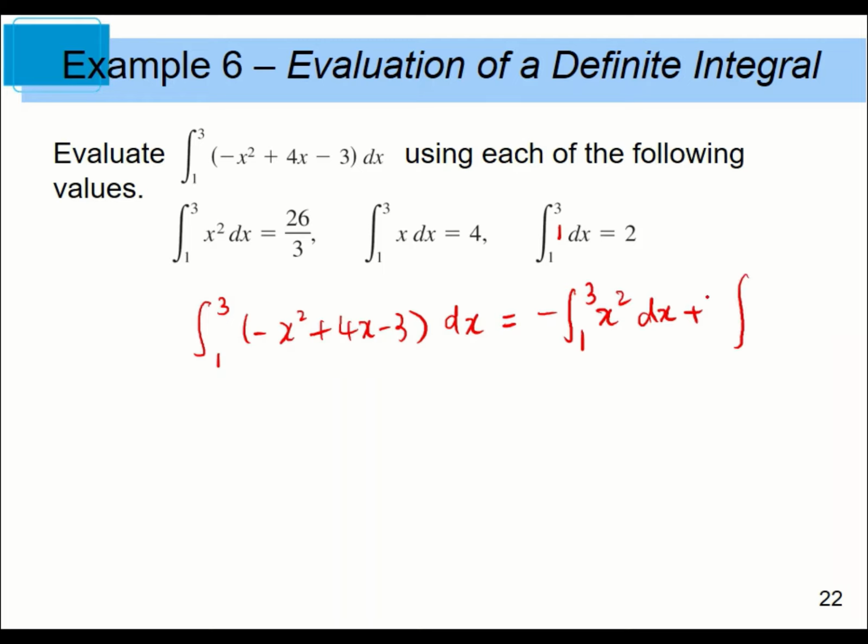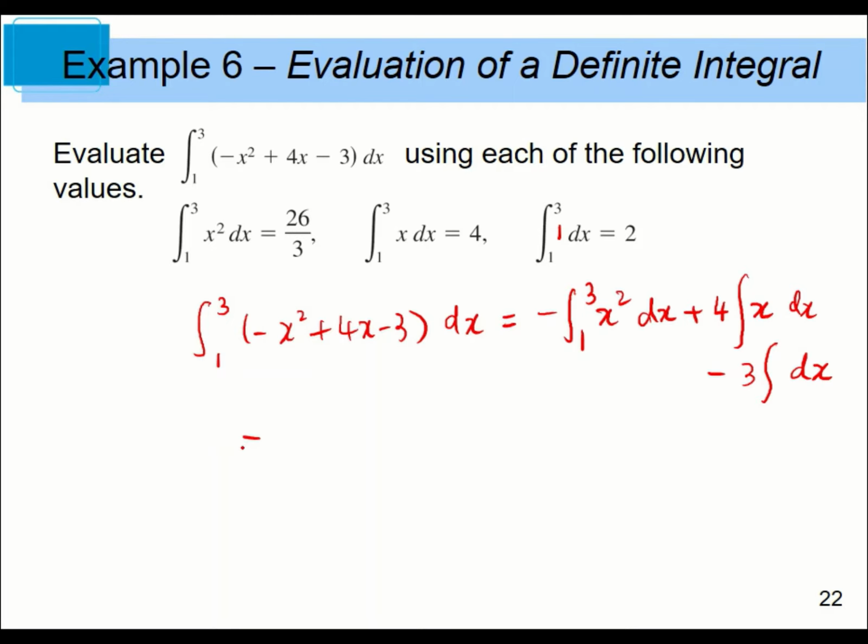The 4 is a coefficient, we can just put it aside, 4. We have x power 1 plus 1, which gives us 2, but we are going to do it later. And then we minus 3, we bring out 3, we integrate 1 dx.